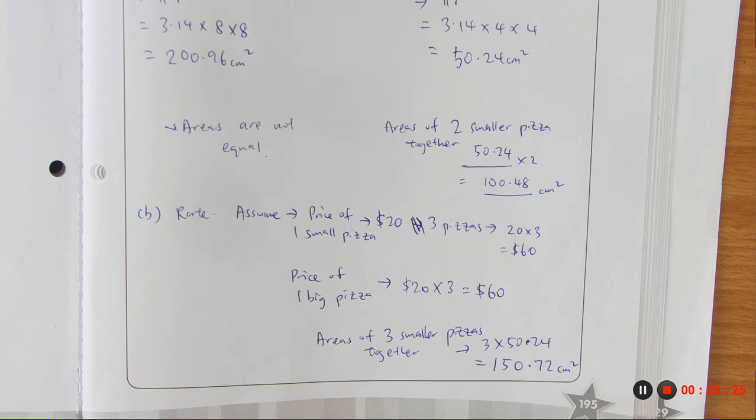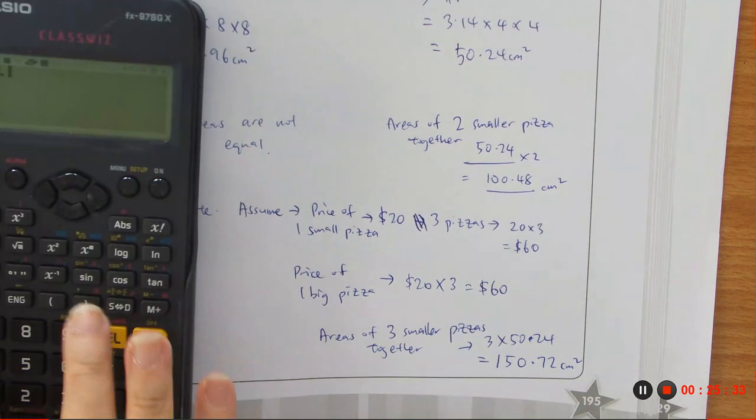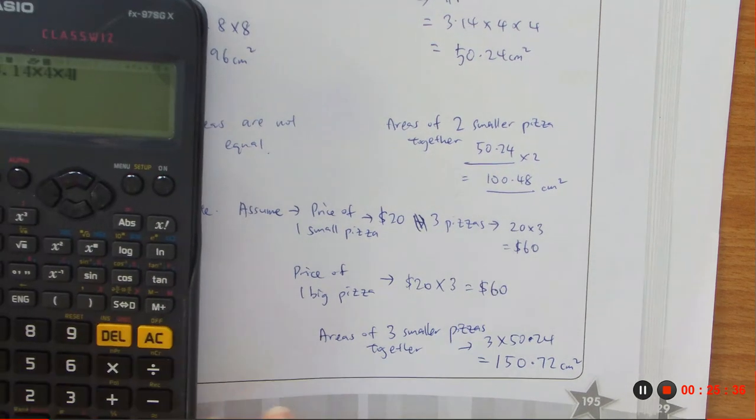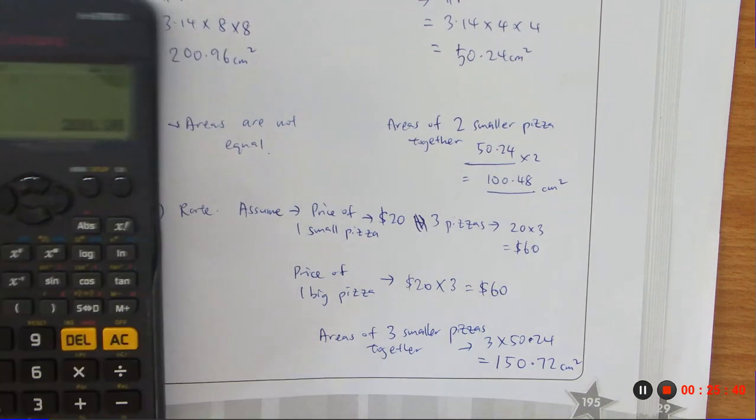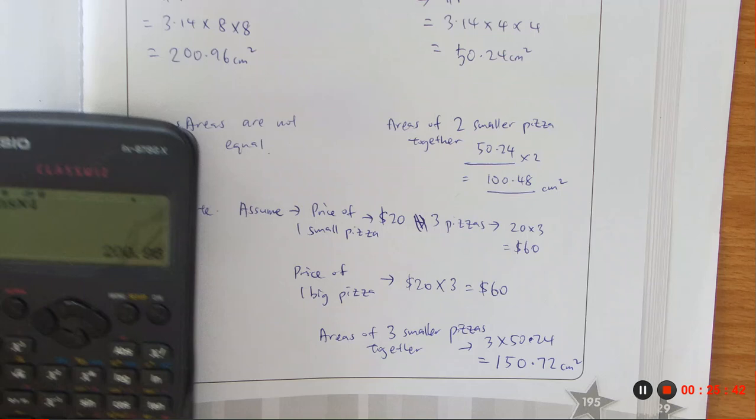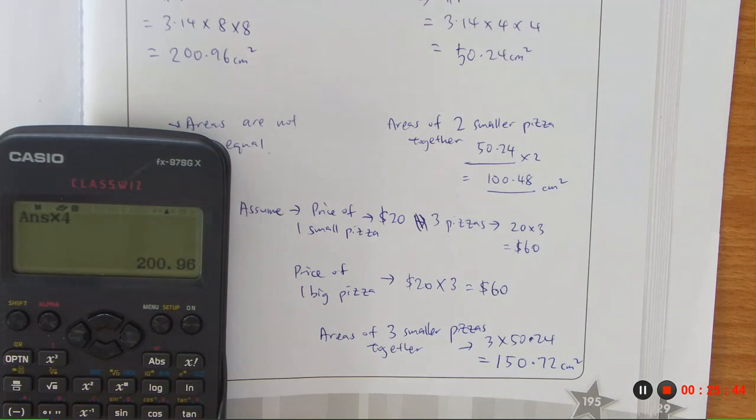I calculate, the calculator is here. So I use my calculator. Okay, 3.14 times 4 times 4, times 4, 200.96. Yes, Percy said, oh yeah, you need to buy 5.